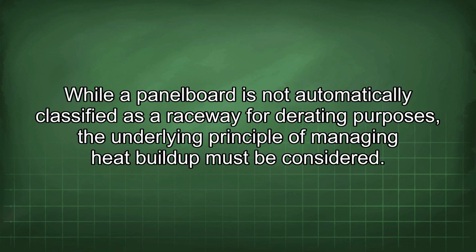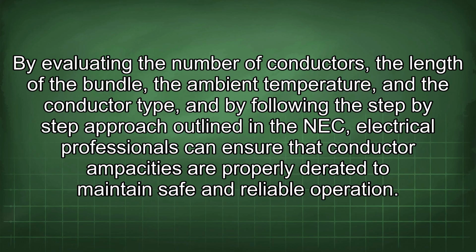While a panelboard is not automatically classified as a raceway for derating purposes, the underlying principle of managing heat buildup must be considered. By evaluating the number of conductors, the length of the bundle, the ambient temperature, and the conductor type, and by following the step-by-step approach outlined in the NEC, electrical professionals can ensure that conductor ampacities are properly derated to maintain safe and reliable operation.